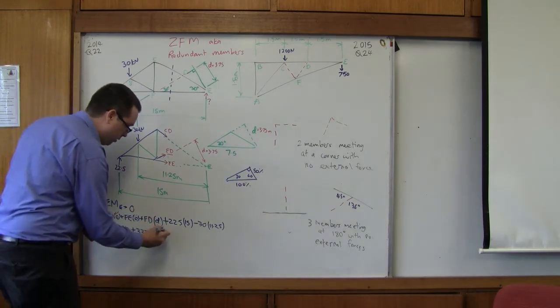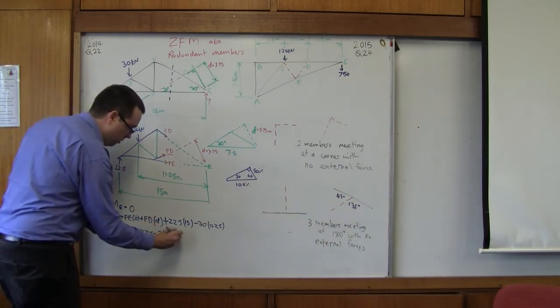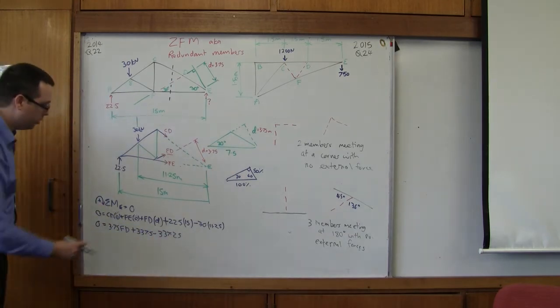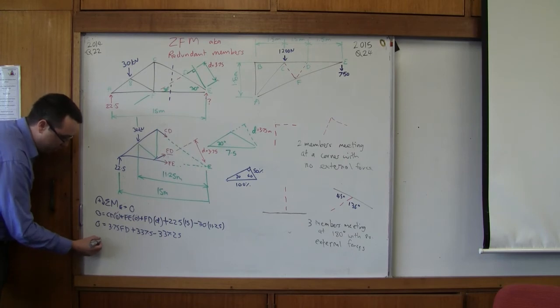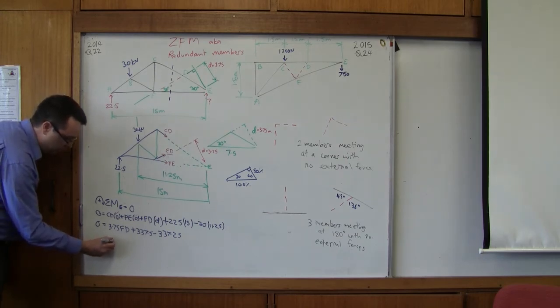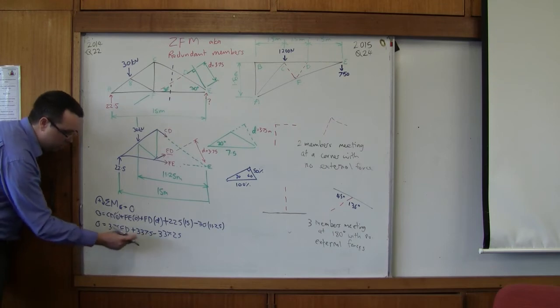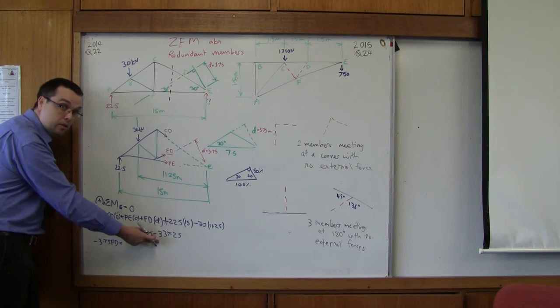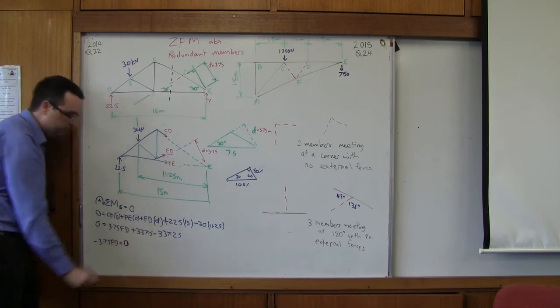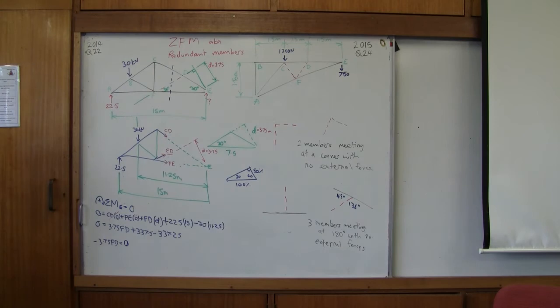There we go. Okay, so we can move FD over to this side. I'll call it minus 3.75 FD equals, what's 3375 minus 3375? 0. Wow. So we're able to prove that it's a zero force member.